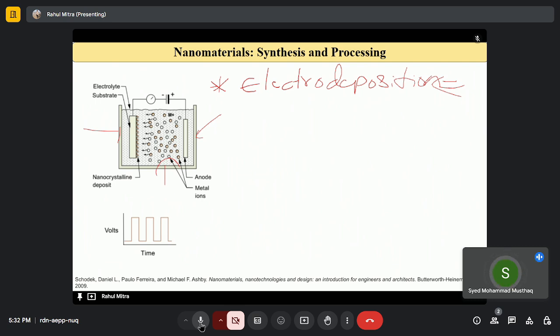Now, after applying the field, because the charges accumulate on the electrodes, the ions in the solution will move towards the respective electrodes, depending upon the charge.